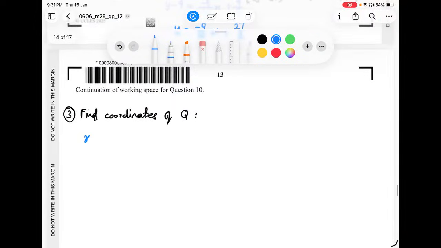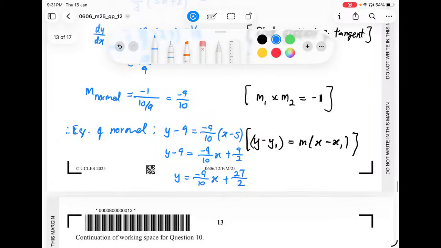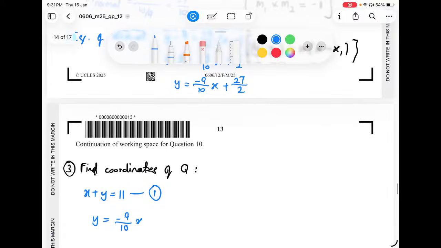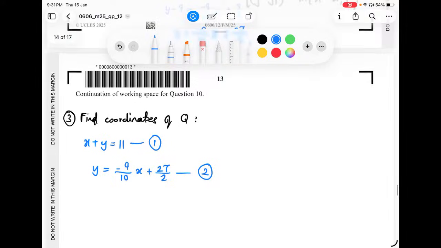So basically you do the simultaneous equations to find the coordinates, because you need to find the x and y coordinates. There are two values, two equations as before. So then y is equal to negative 9 by 10 x plus 27 by 2. So that's going to be the second equation.